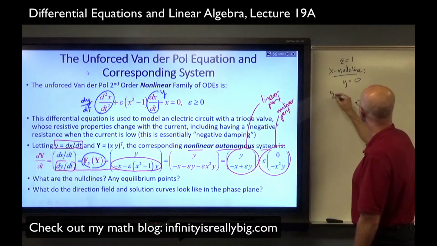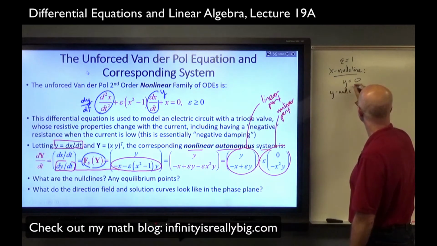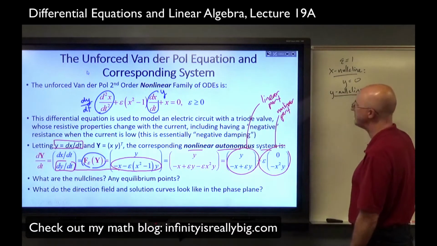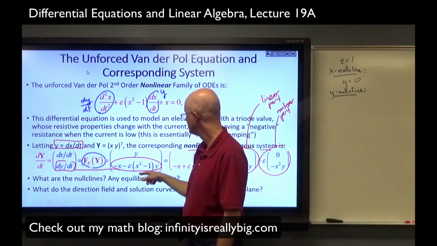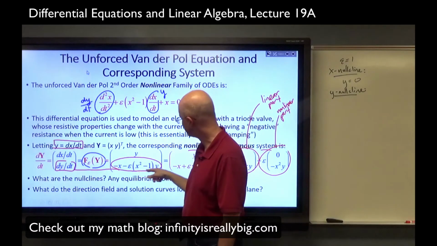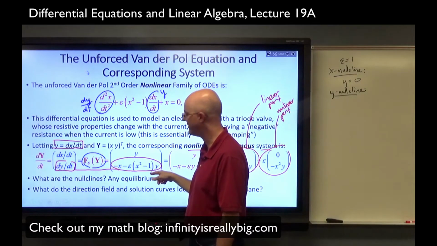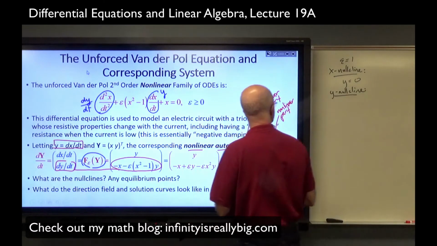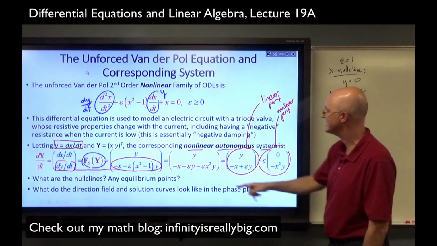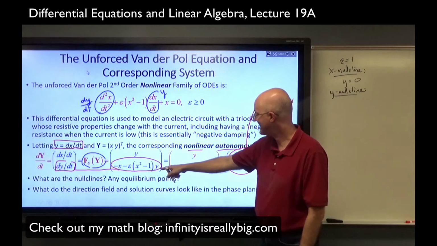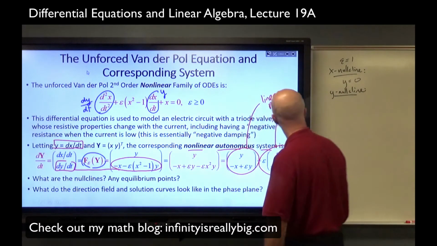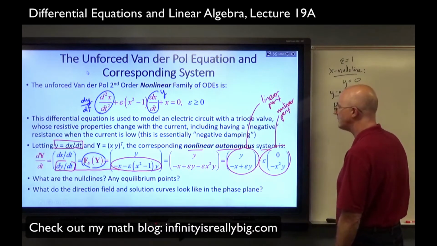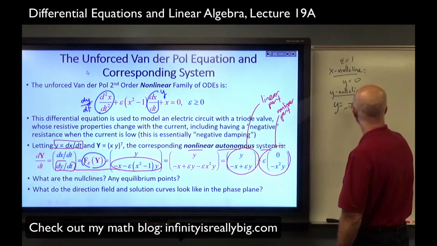What about the y nullcline? That's a bit more complicated here. That's where dy/dt is 0, where this is 0. If I set that equal to 0, can I solve for y as a function of x? Yeah, I can. I could add x to both sides, and then divide both sides by negative epsilon times (x squared minus 1). y would be x over negative epsilon times (x squared minus 1).